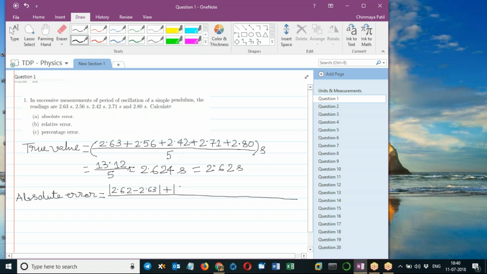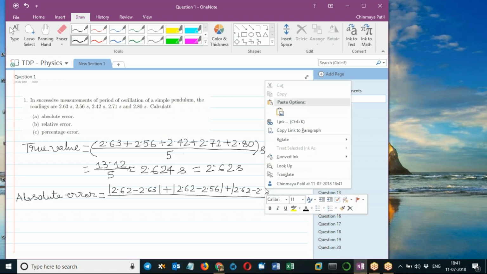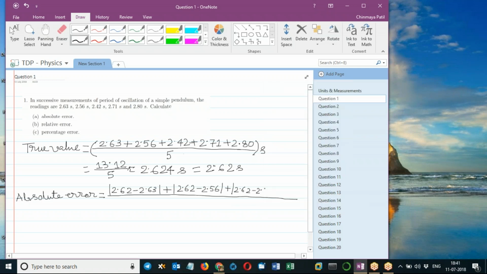Mod of 2.62 minus 2.56. Then it is 2.62 minus 2.42.